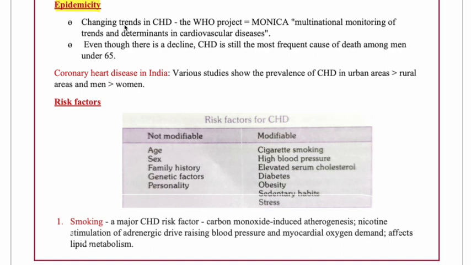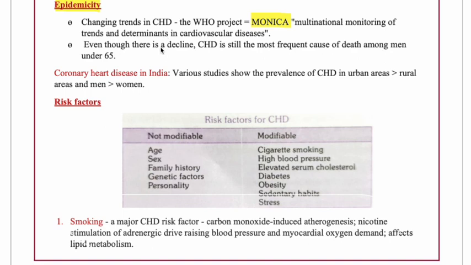So to measure the trends as well as the determinants in CHD, related to incidence, prevalence, mortality, morbidity, risk factors, etc., there was an international project of WHO named MONICA. It is an acronym for Multinational Monitoring of Trends and Determinants in Cardiovascular Disease.